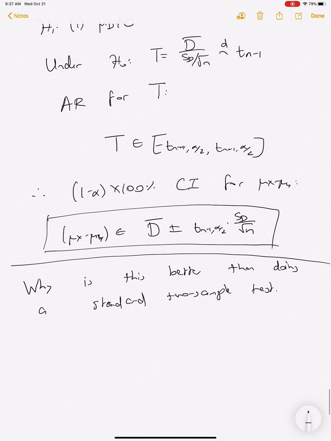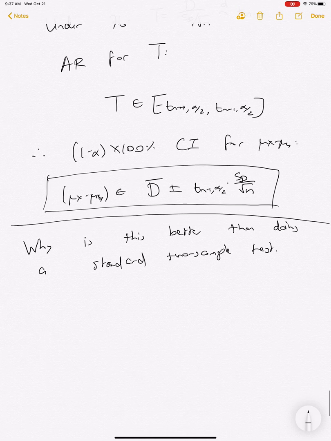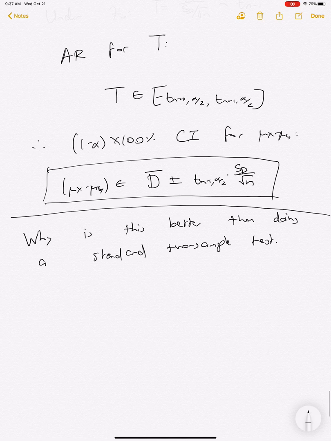And so this is where we're going to exploit the correlation structure between x and y. Or you could even ask, is this better than doing a 2-sample test? So remember that di is equal to xi minus yi here.